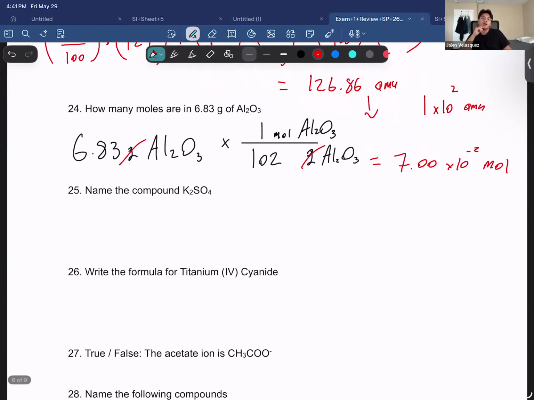Okay, number 25 here: name the compound K2SO4. So what would you guys call this compound? We probably know what K is, but what is SO4?